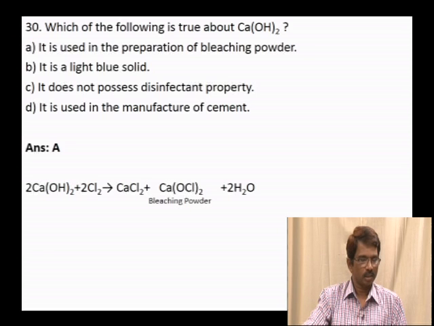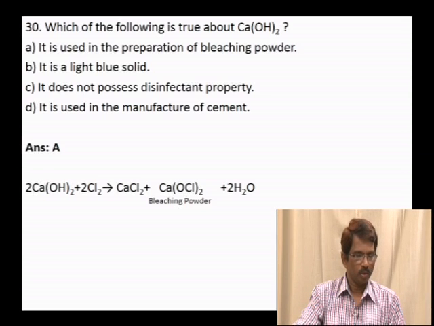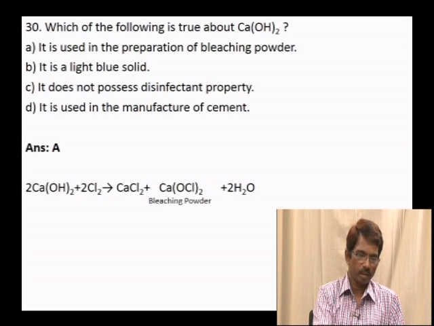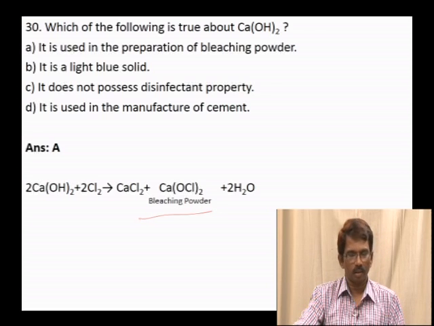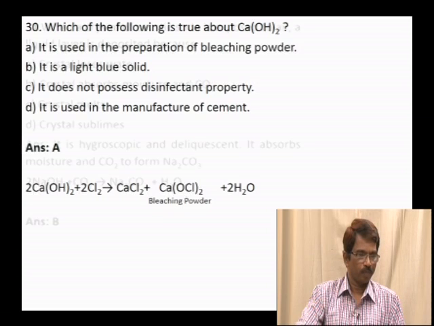Calcium hydroxide, when made to react with chlorine, gives calcium oxychloride, which is considered as bleaching powder. Bleaching powder or calcium oxychloride can be obtained by passing chlorine gas over slaked lime or calcium hydroxide, and hence option A is the correct option.